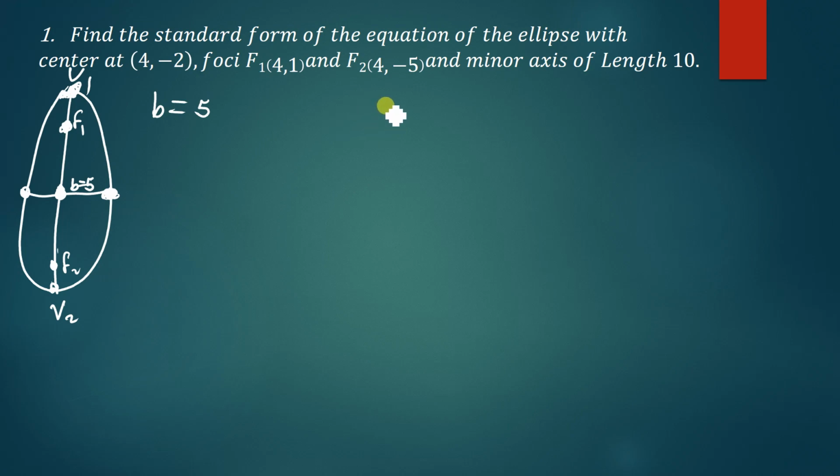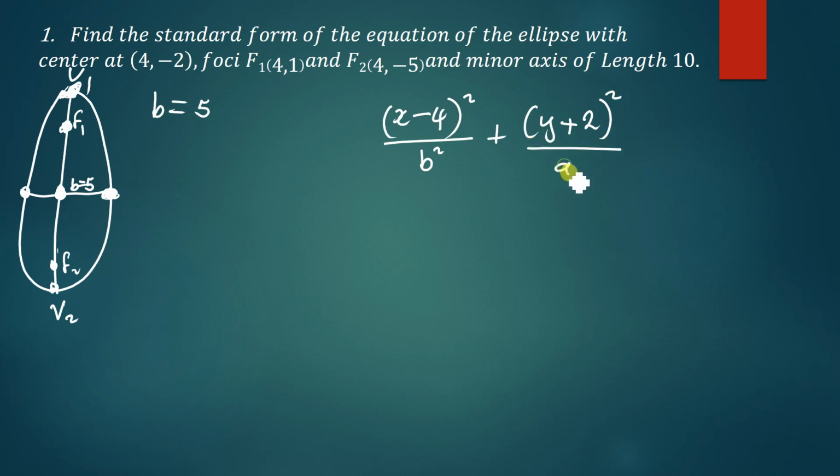So our equation is (x - 4) squared over B squared, plus (y + 2) squared over A squared, equal to 1. Since there's a minus there, we expect a plus there, so that if we equate it to 0 to find the y coordinate, it comes to -2.